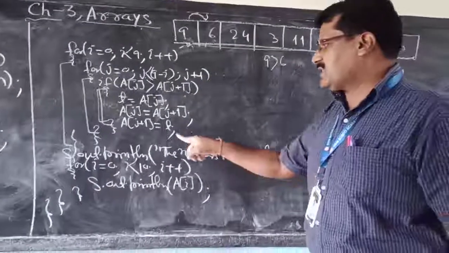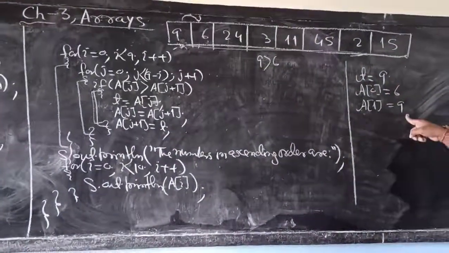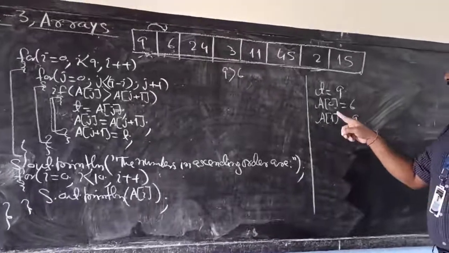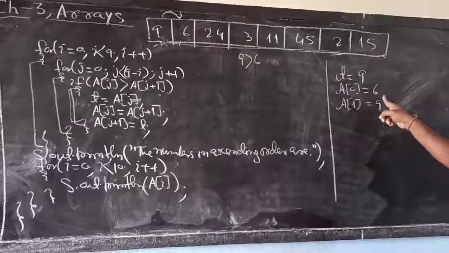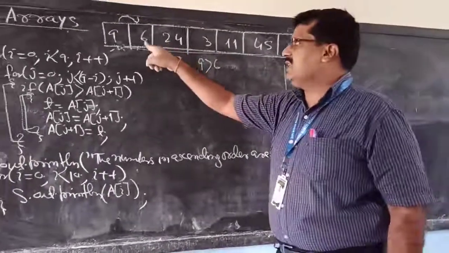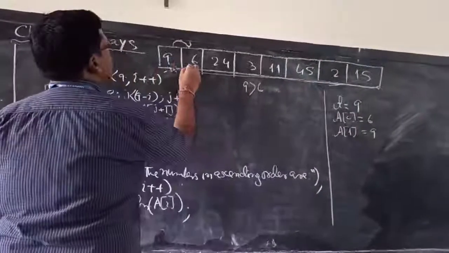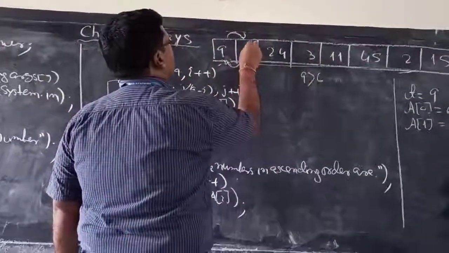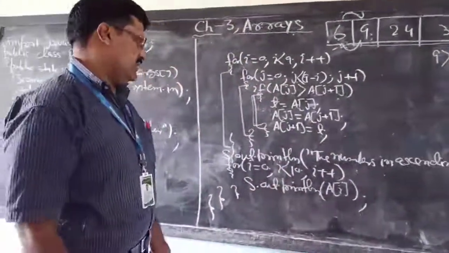So at a[1], t will be stored. What is the value of t? The t value is 9. Now see, at a[0] we had 9, now it has become 6, and at a[1] we had 6, now it has become 9. That means both the numbers are interchanged.